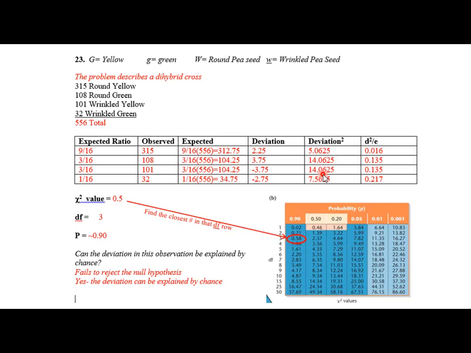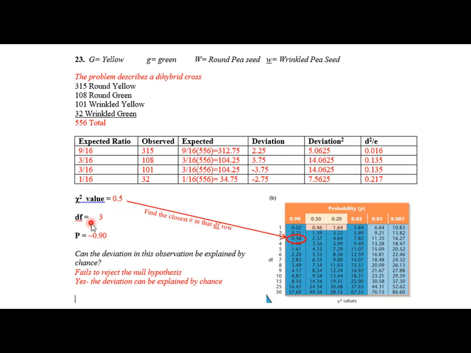And I take my 14.0625 again divided by my expected of 104.25. That's the same there. Here I take 7.5625 divided by my expected 34.75 and I get 0.217. My chi-square value is the total of all of these added together. And when you add those together, you end up getting 0.5.